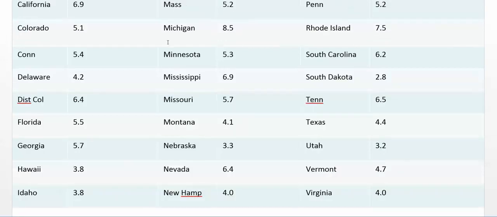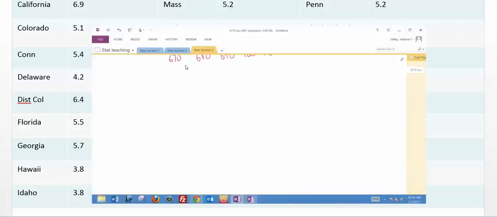Looking over the data, I don't see anything smaller than 2.8, and 8.5 would be the largest. So let me get my little graph here. I'd want to set it up so that 2, 3, 4, 5, 6, 7, and 8.